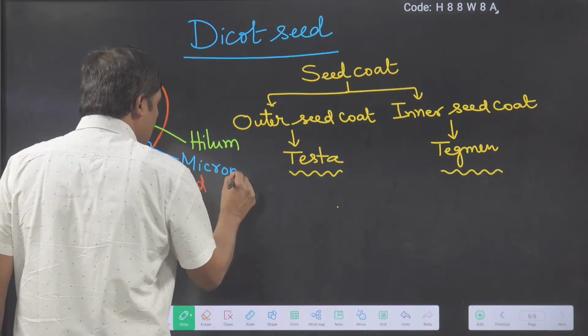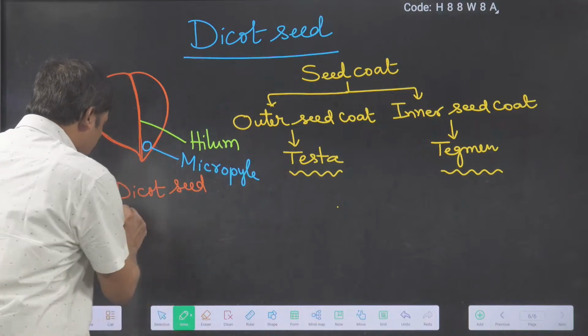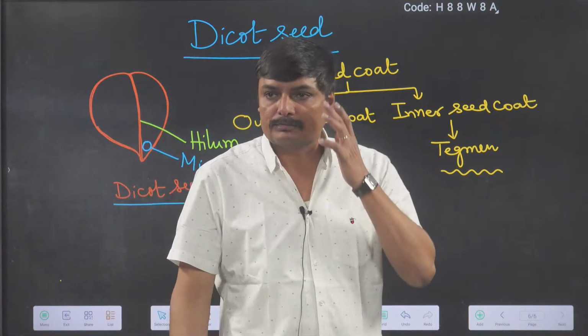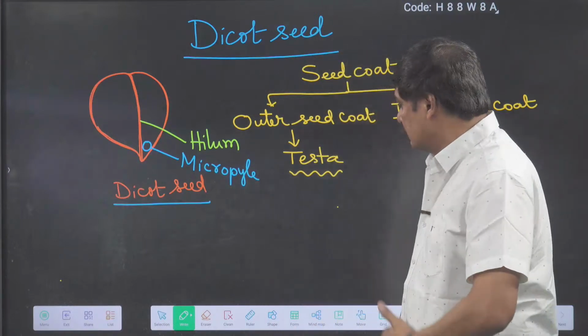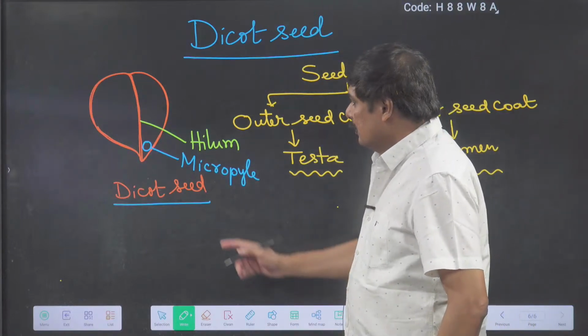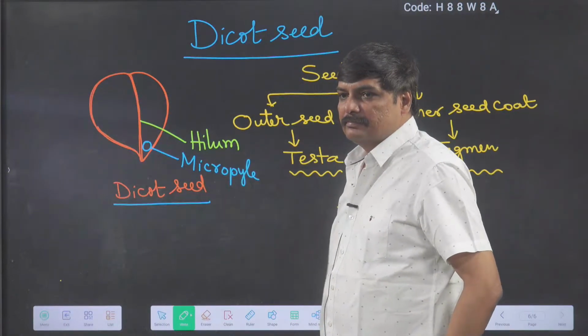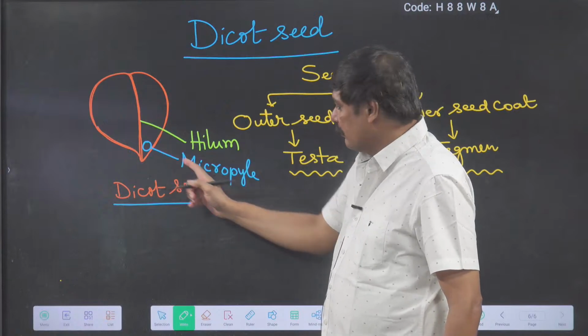micropyle or seed pore. Understand? The scar on the seed is called hilum.